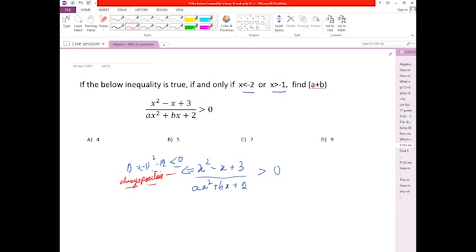So the expression at the top is always positive, which means the sign changes only based on the expression at the bottom. The top expression will always be positive for all values. So what we need is ax square plus bx plus 2 to be greater than 0 for x less than minus 2 or x greater than minus 1.